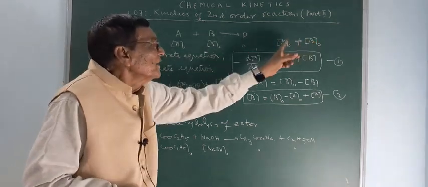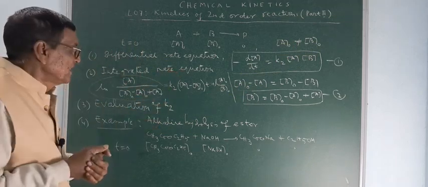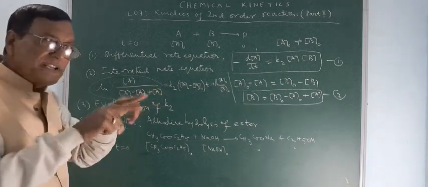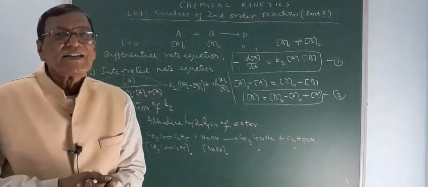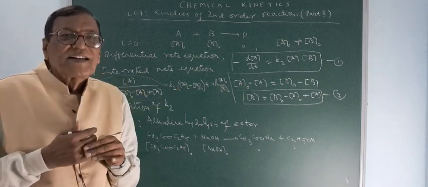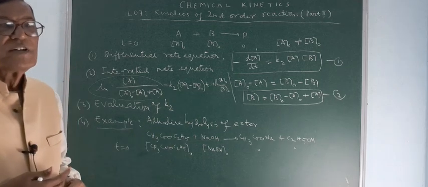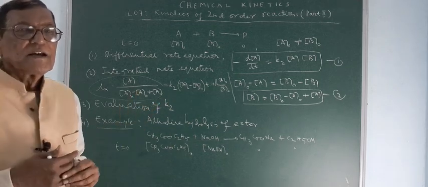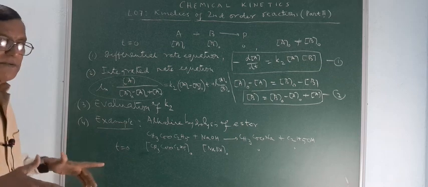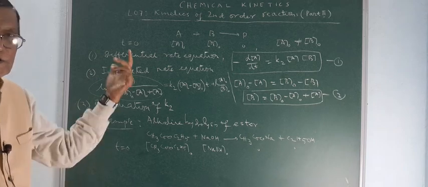But whenever these two are equal, this integrated rate equation is not valid, since this one becomes 0. So how this equation could be reduced to the integrated rate equation when these two are equal will also be discussed in part 3, which will be the sixth point of this topic.